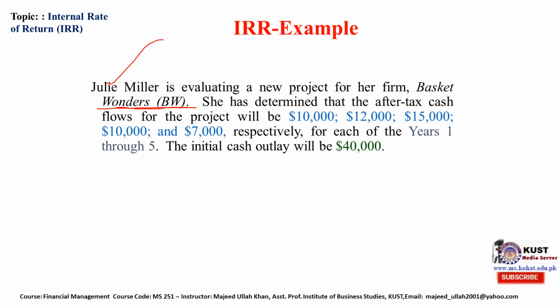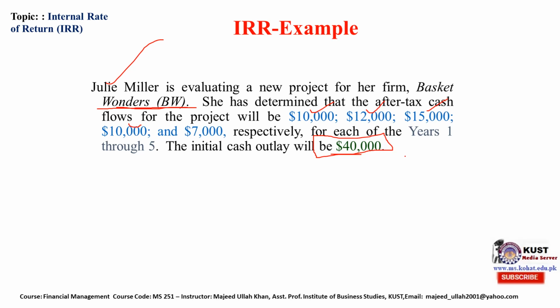She determined that the after-tax cash flows for the project will be $10,000 for the first year, $12,000 for the second, $15,000 for the third year, $10,000 for the 4th year and $7,000 for the 5th year. The initial cash outlay will be $40,000. That is the amount that will be invested in order to undertake the project. This is called the initial cash outlay, or ICO.